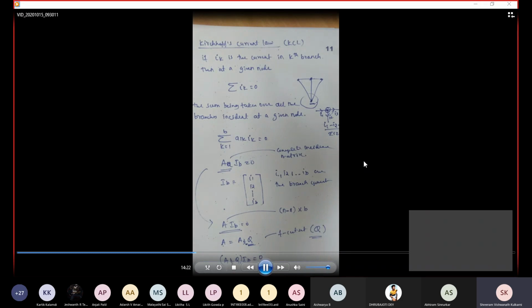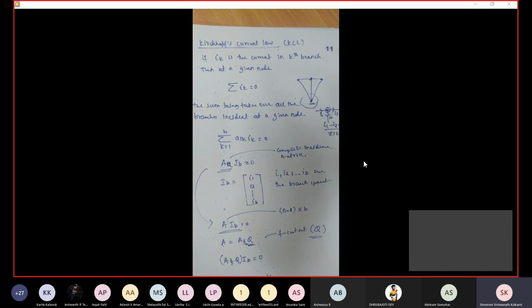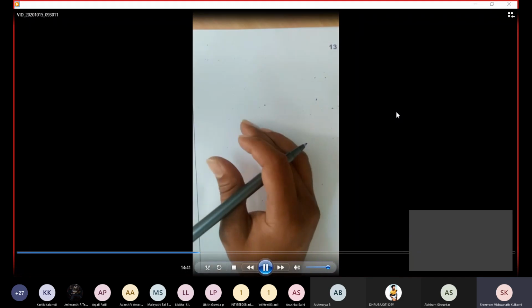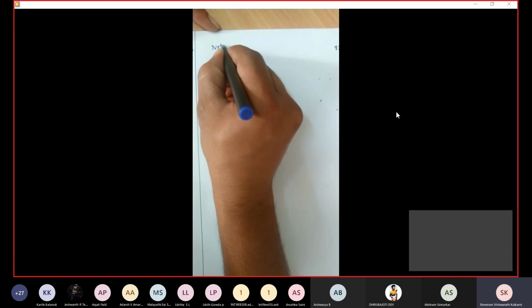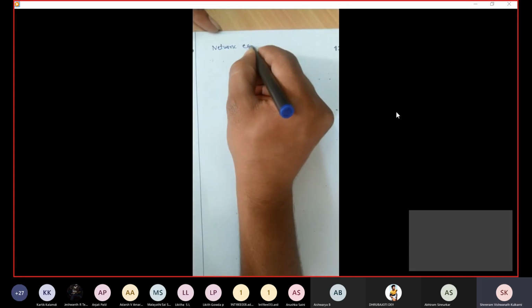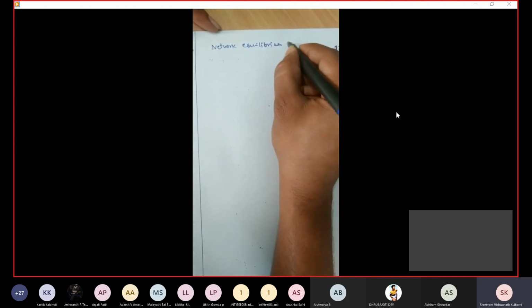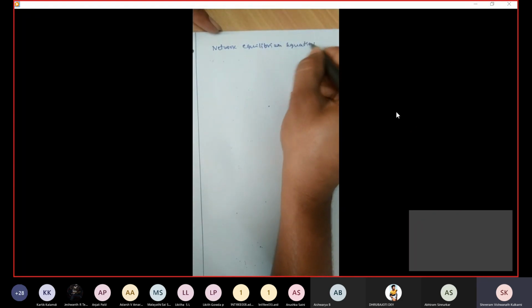KCL for network equilibrium equations. Now we'll see, we know how KVL and KCL are written for the network. Now network equilibrium equations.